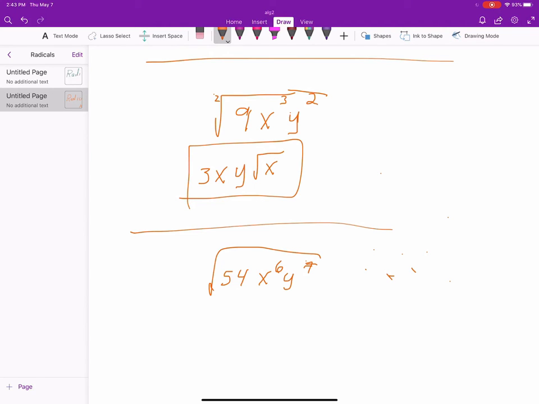So now we got to go up to our chart, right? We got to find the largest perfect square that goes into 54. Okay, going down the chart, 4, maybe. Let me see, 54 divided by 4 equals, no way, it doesn't fit. 9, well I know 9 and 6 do, so 9 might be the winner.